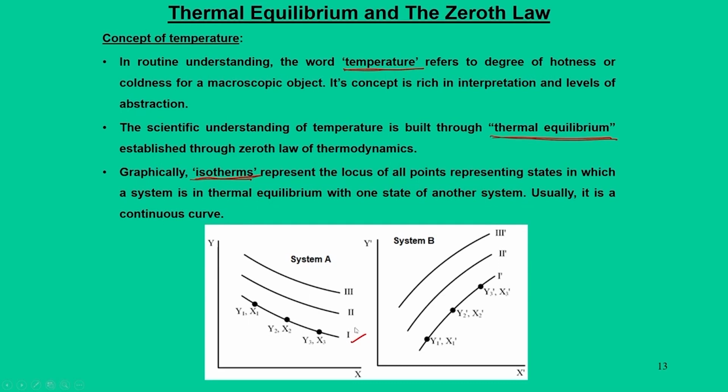Now, this happens at one particular set of conditions, that is 1. Similar things can be represented for conditions 2 and 3. In a similar way, we can apply the same logic to system B for a set of conditions 1 dash, 2 dash and 3 dash.